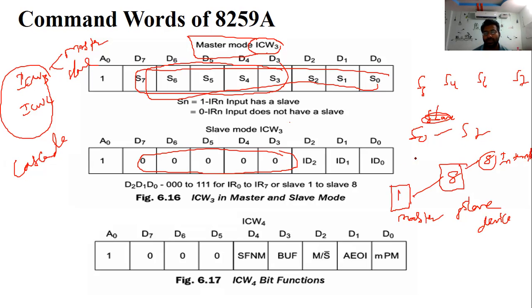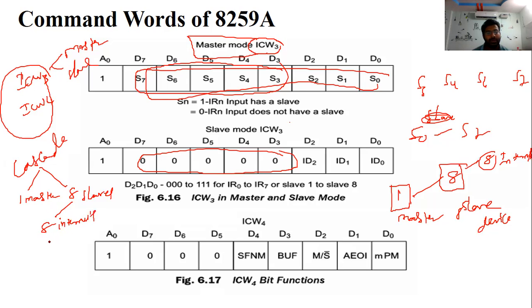So in the cascading mode we have one master and 8 slaves, and each slave serves 8 interrupts.